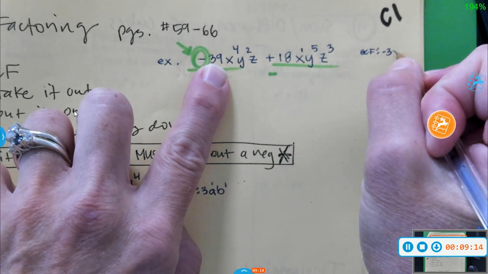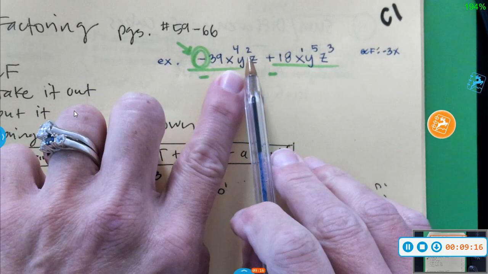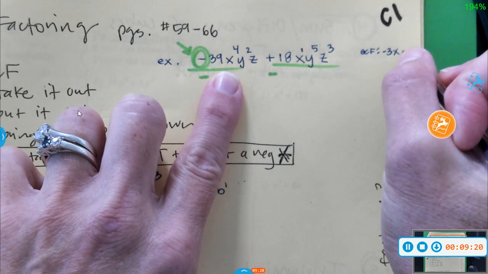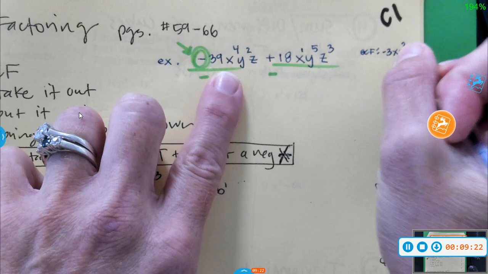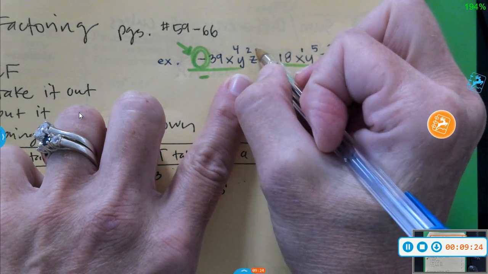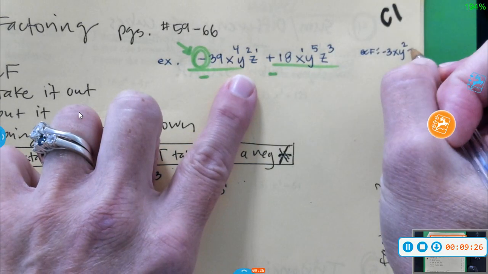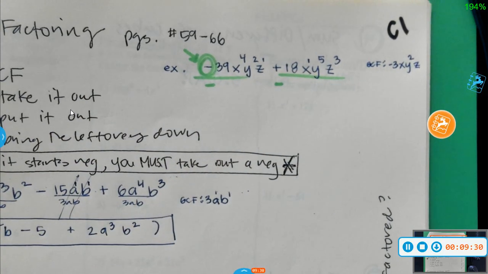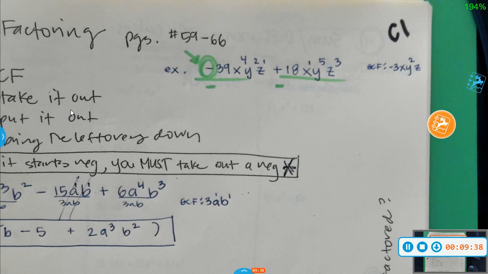So x, 1. All right. 2 here and 5 there. So how many do they share? 2. And this one has 1 z and that one has 3 z's. So they just share 1 z. Now, that is the GCF. That's not the answer to the question, but I like to write the GCF over to the side just to keep my mind straight as to what's going on.